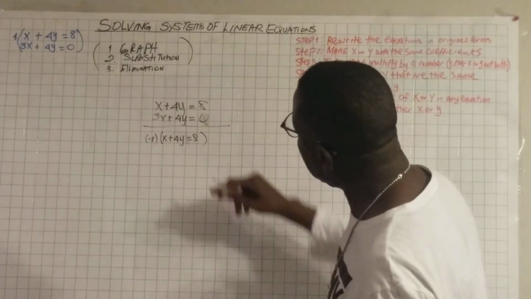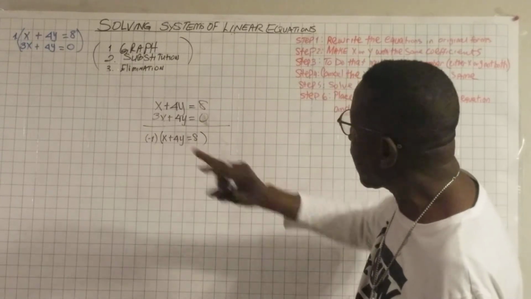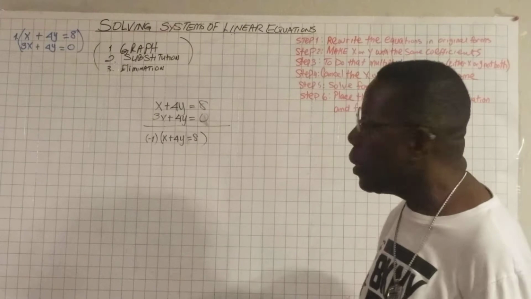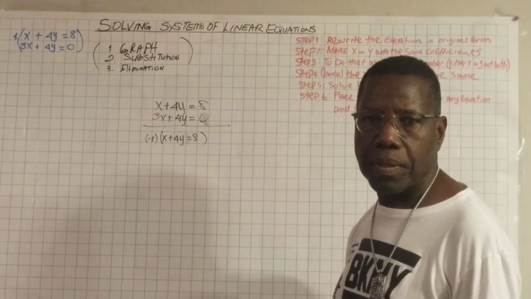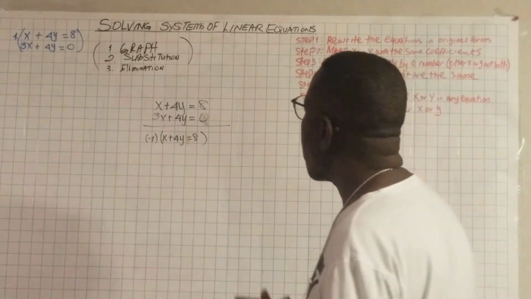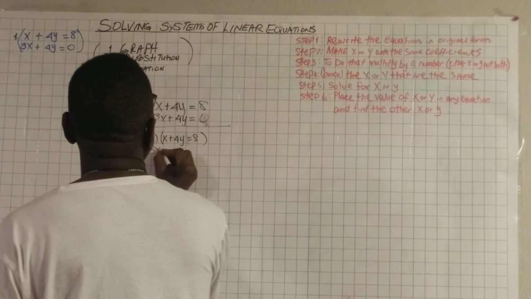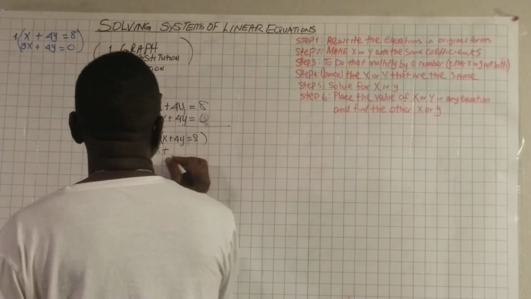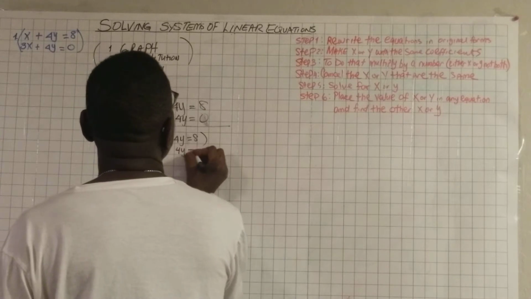That equation, first one, I'm going to multiply by -1 because I want to make this -4. So these two coefficients are equal and the signs are opposite. The second equation I'm going to write again because I don't need to do anything with that. So it's 3x plus 4y is equal to 0.